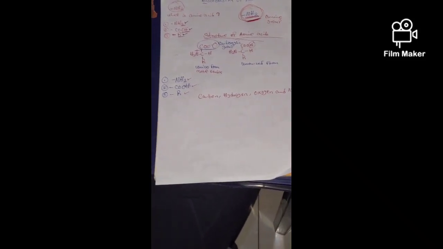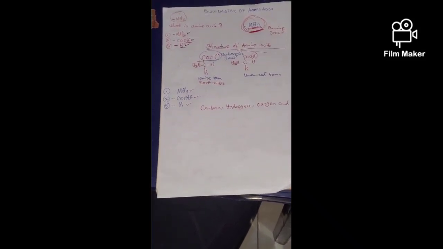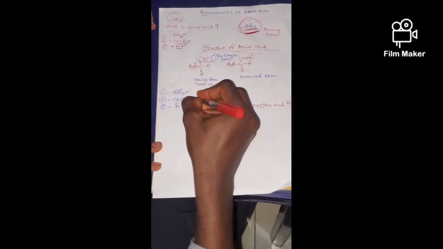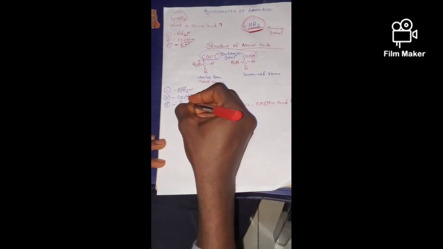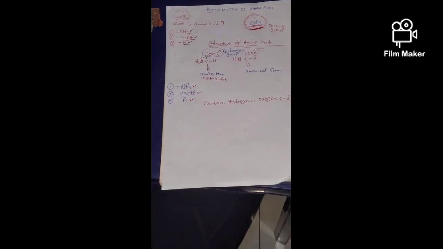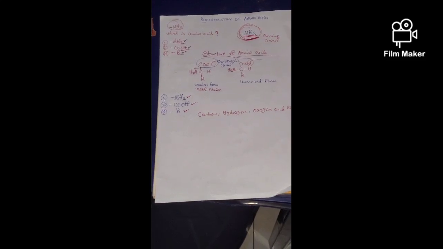By way of definition, we can also define amino acids as organic compounds containing the amine group, the carboxylic group, and also the side chain. So these are the three major functional groups that can be found in the structure of amino acids.